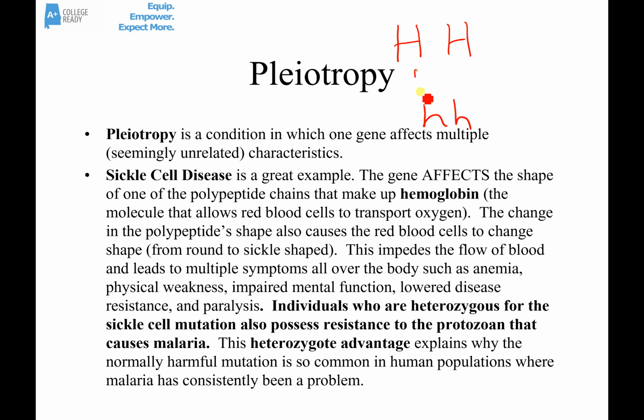But individuals who are big H, little h not only don't have sickle cell disease, but they also get some resistance to malaria. So in places where there's a lot of malaria, these individuals are the most fit. They're the ones that are selected for.